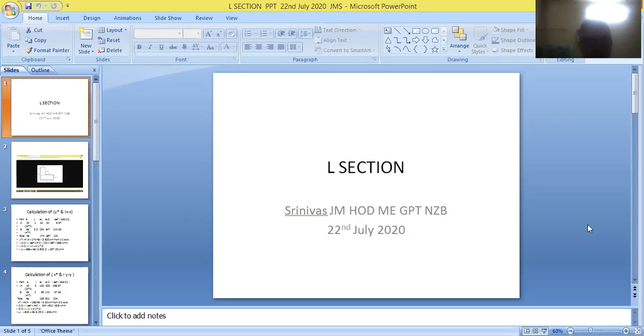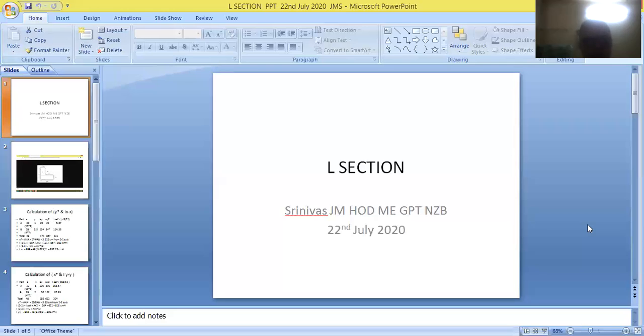Each and every section will have a particular area of cross section, and based on the shape of the cross section, these items are divided into different categories.